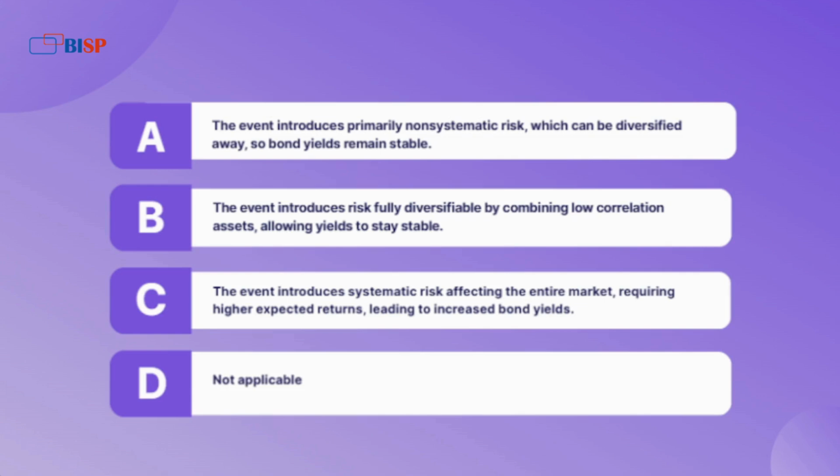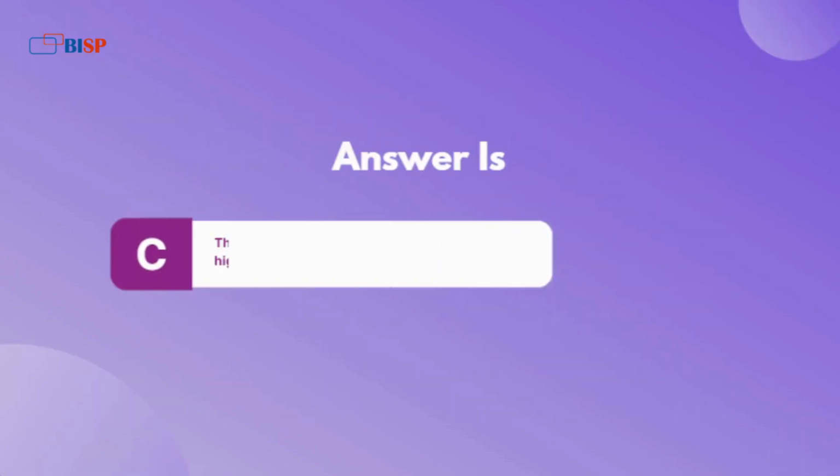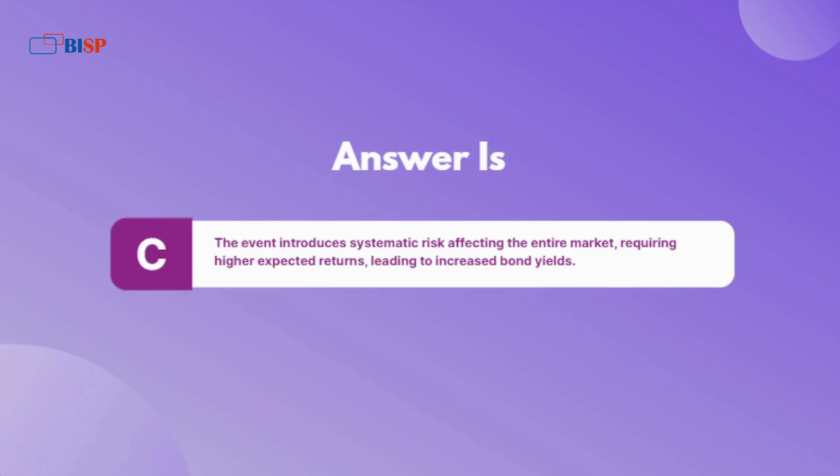C. The event introduces systematic risk affecting the entire market, requiring higher expected returns, leading to increased bond yields. D. Not applicable. Answer is C. The event introduces systematic risk affecting the entire market, requiring higher expected returns, leading to increased bond yields.